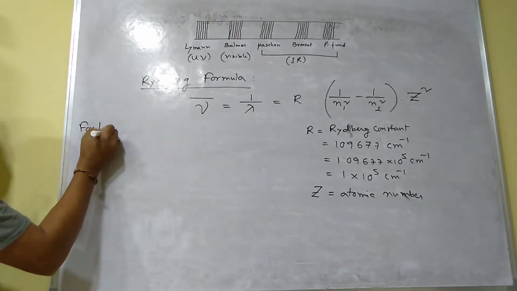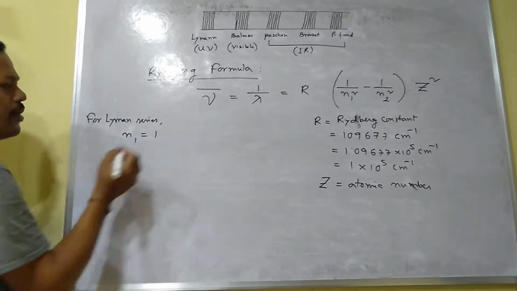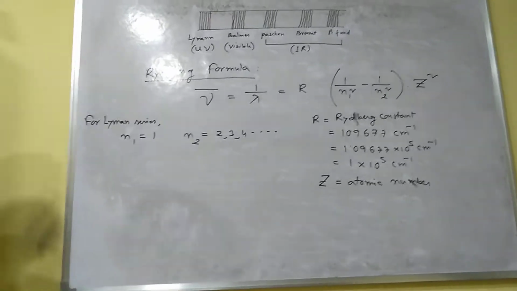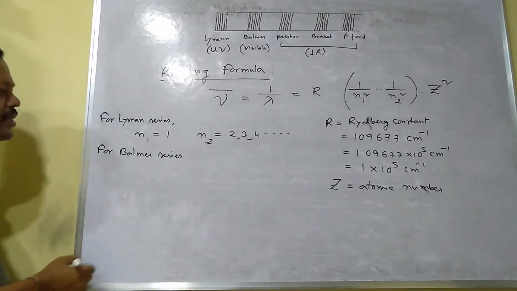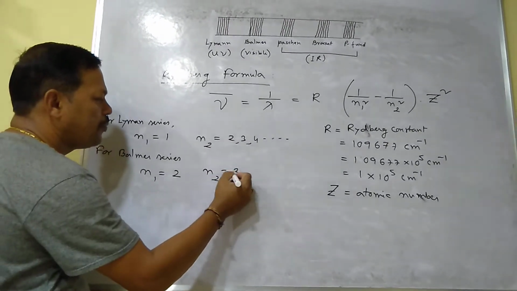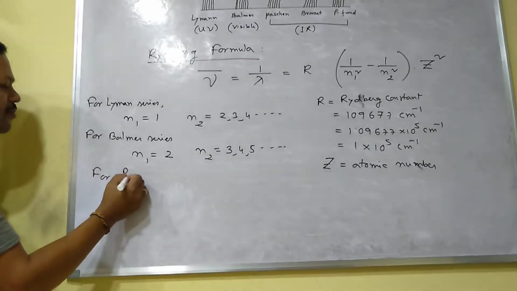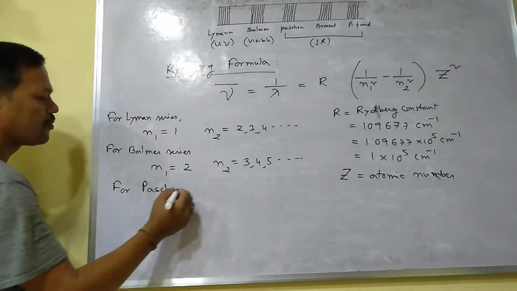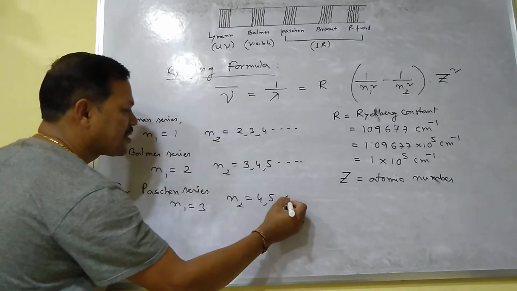For the Lyman series, n1 is always 1 and n2 may be 2, 3, 4, 5, etc. In the case of the Balmer series, n1 is always 2, and n2 may be 3, 4, 5, etc. For the Paschen series, n1 equals 3 and n2 may be 4, 5, 6, like that.